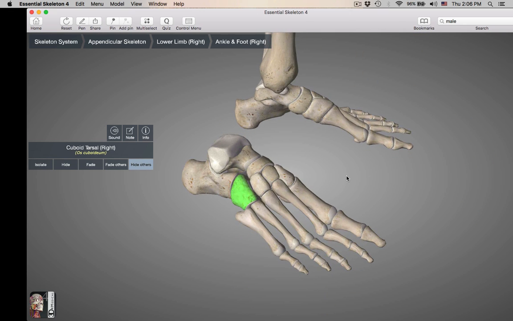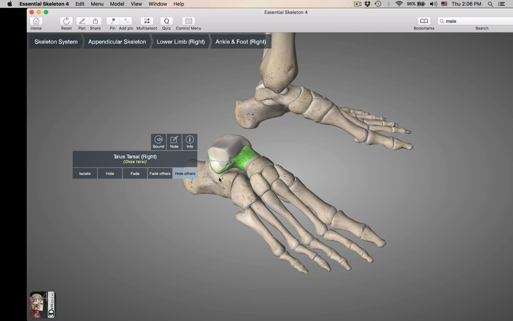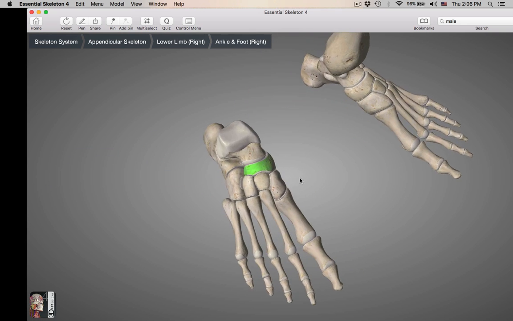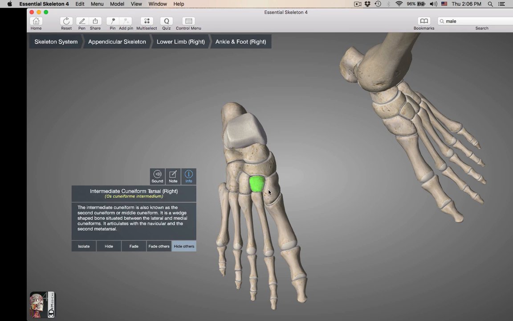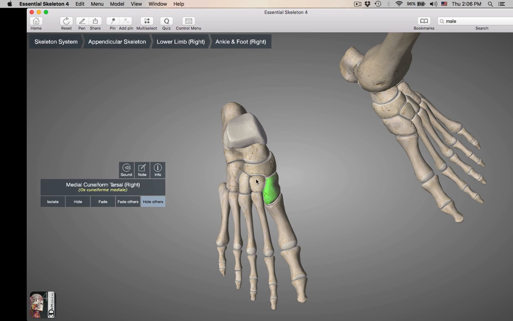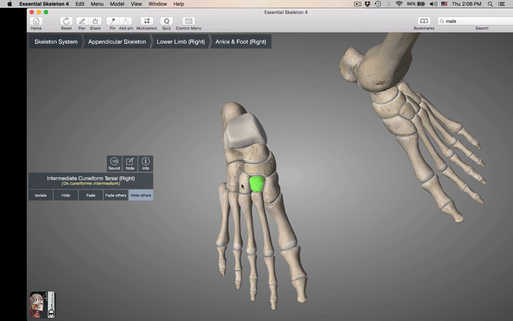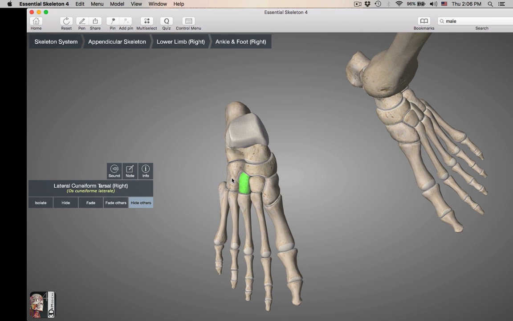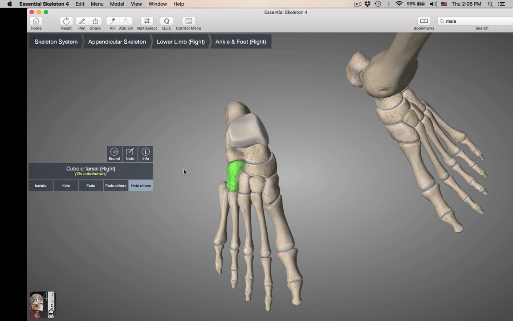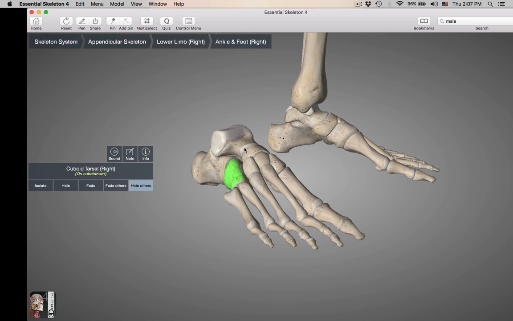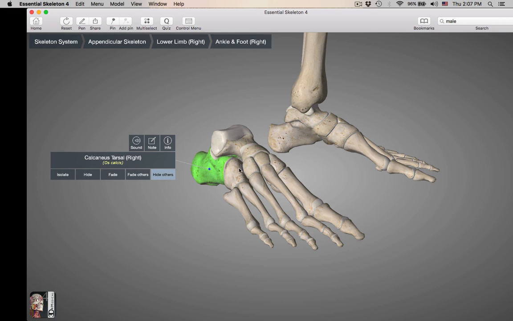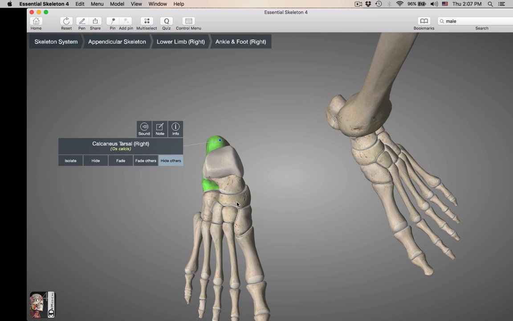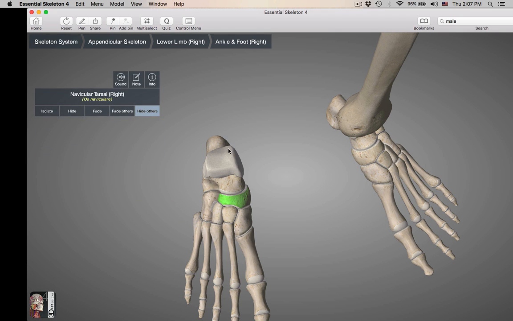So how do you remember these 7 bones? Tiger cubs need milk, M-I-L-C. Tiger stands for talus. Tiger cubs, calcaneus, need, navicular, milk, M-I-L-C.